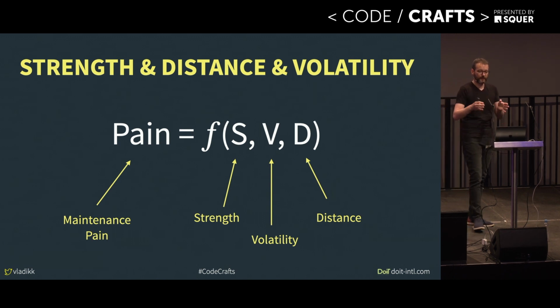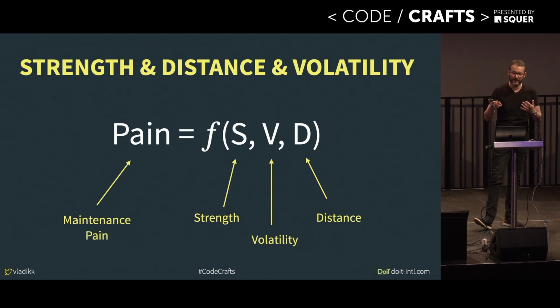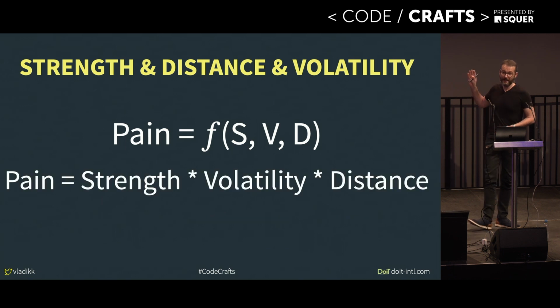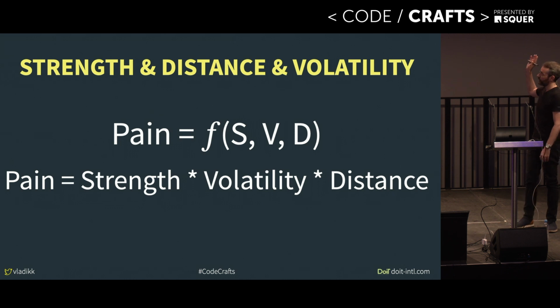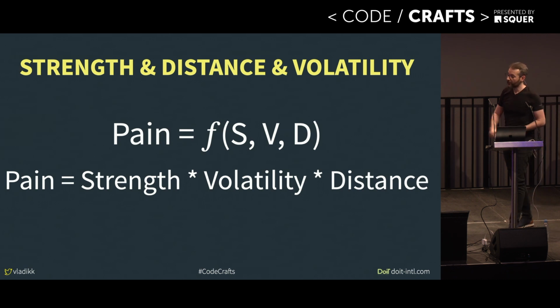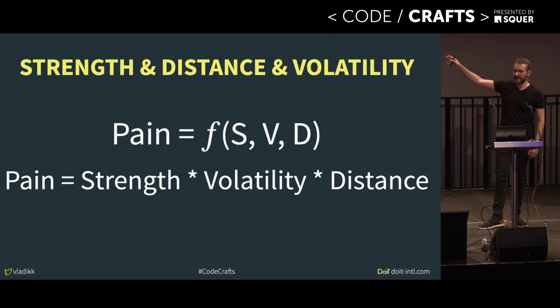These values will allow you to evaluate how much pain you're about to endure in your future. And to evaluate the pain, all we have to do is to multiply their values. Meaning that if all three of them are high, guess what? Your pain is going to be high as well. However, if one of them is 0, your pain is going to be 0 as well.